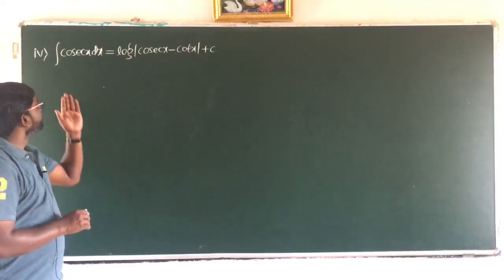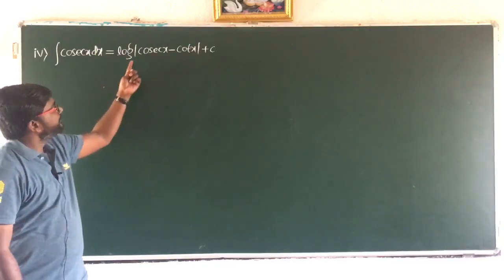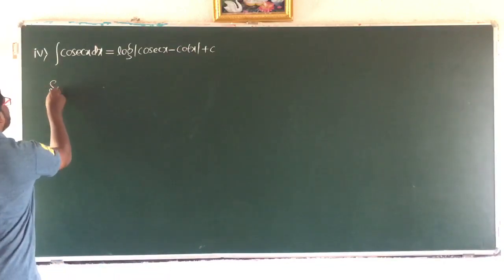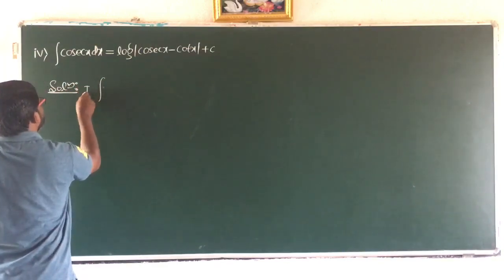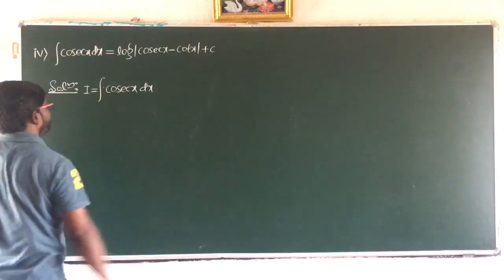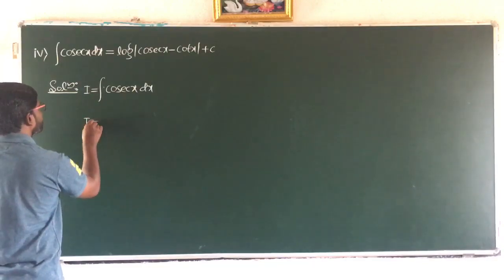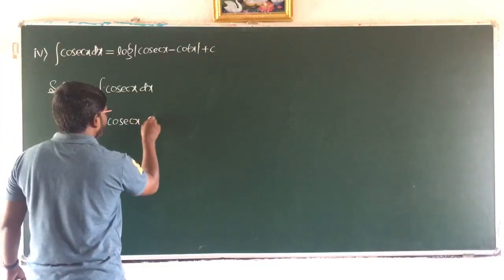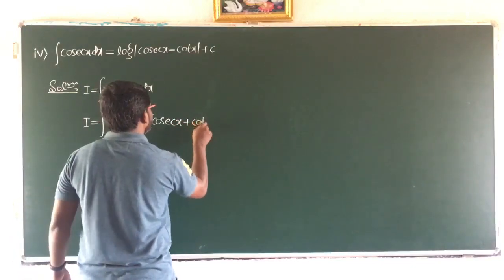Now the fourth standard integral: integral cosecant x dx is equal to log mod cosecant x minus cot x plus c. We'll prove this by the substitution method. So I is equal to the integral of cosecant x dx. In the next step, I multiply and divide by cosecant x plus cot x.